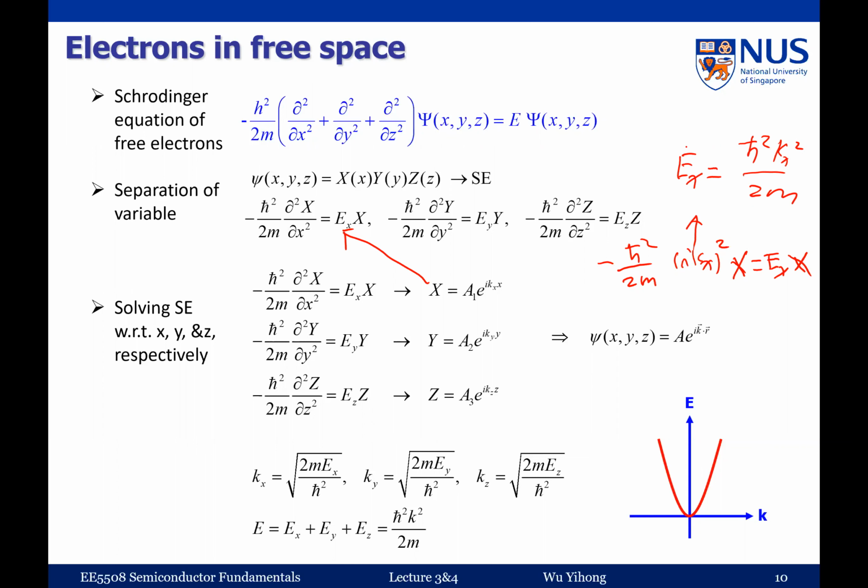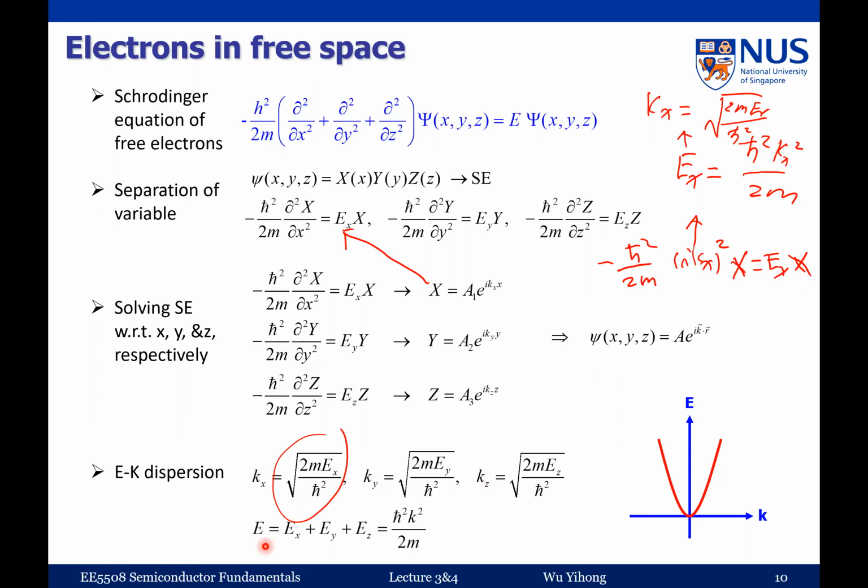And of course, from here, you can get this kx vector, which is given by the square root of 2m Ex divided by h squared, right? So that basically is this one. Okay. So similarly, you can find out this ky and then kz, right, from this one to this one, and then you put together.